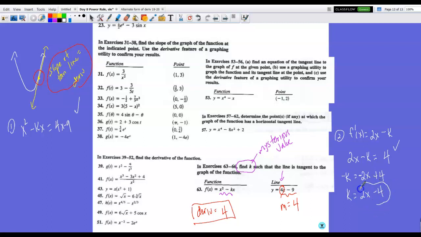I'm going to take that representation of k, bring it all the way over here and substitute it in, because this is the algebra phase. So x squared minus, substituting 2x minus 4 in place of k, equals 4x minus 9.